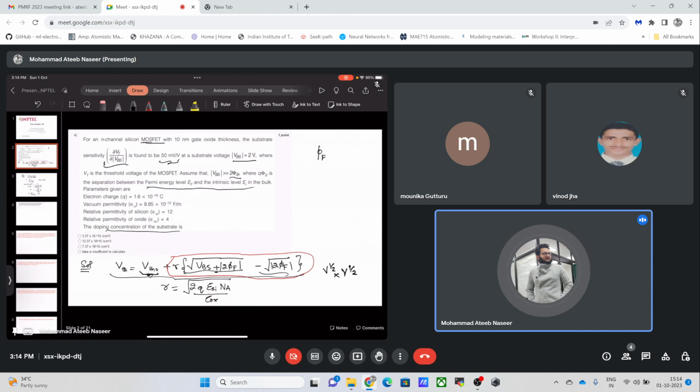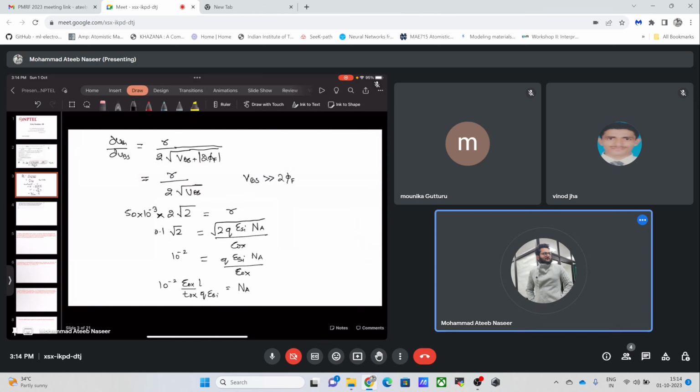So sorry, we will try to find this value, and we have been given all these values. This is Cox squared, so it should be epsilon ox squared and t ox squared, because we had squared. Let me write down this thing, squaring on both sides, we get this. This is Cox squared, absolutely. So epsilon ox by t ox, divided by q times epsilon si.